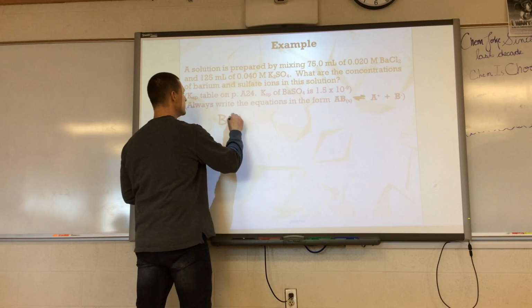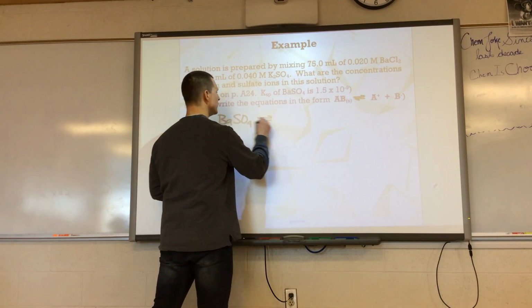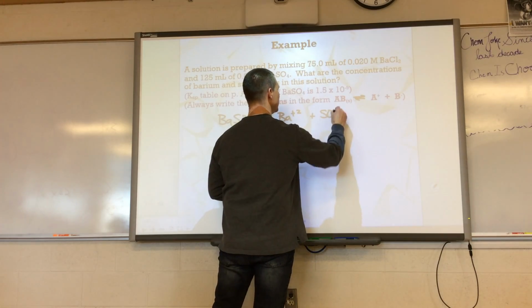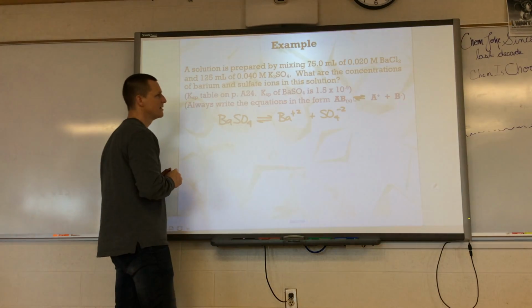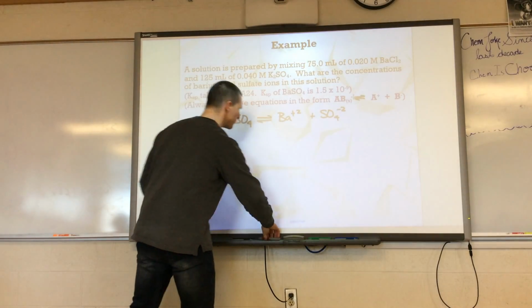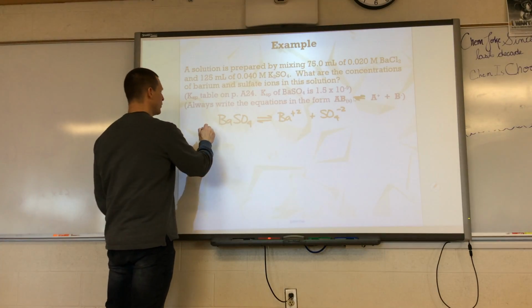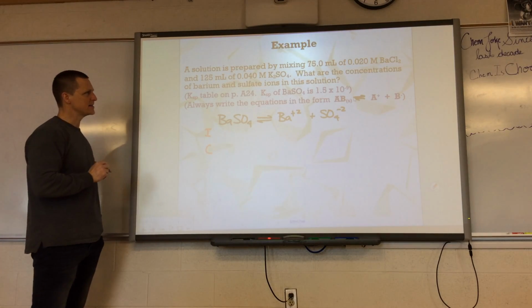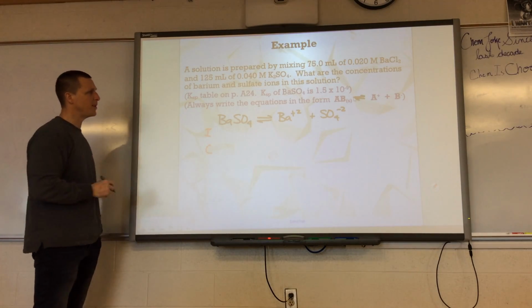The chemical equation for this one is barium sulfate yields barium ion plus sulfate ion. It's the same kind of thing. We're asked for the final concentration. This time they want the concentration of both barium and sulfate.